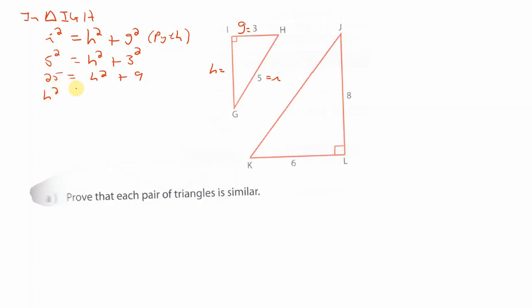So 25 minus 9 is 16, so h squared is 16, therefore h equals 4. We take the square root on both sides. So we know h is equal to 4.